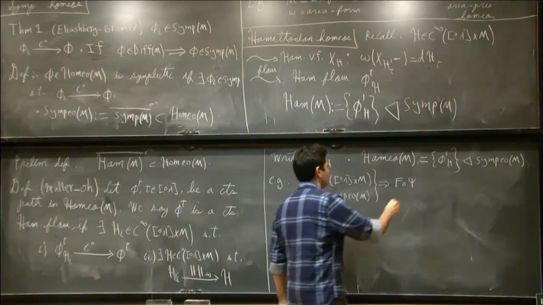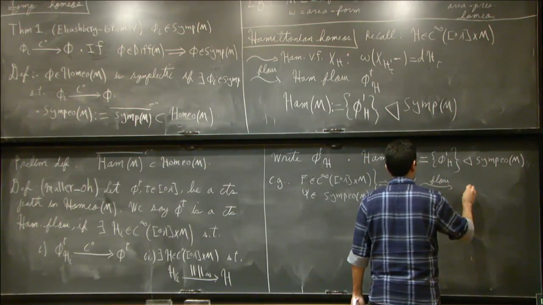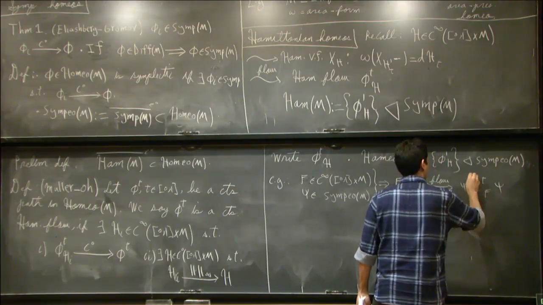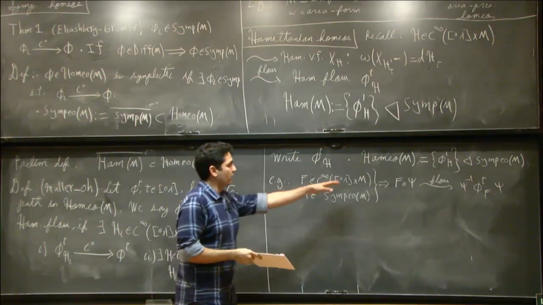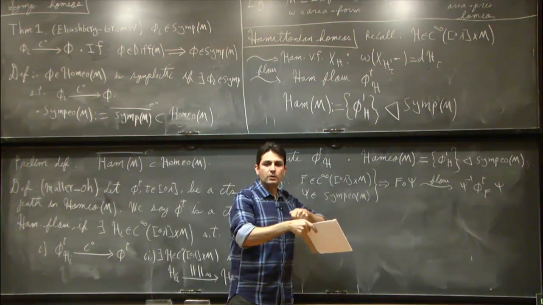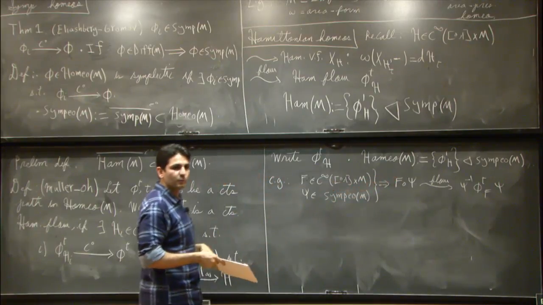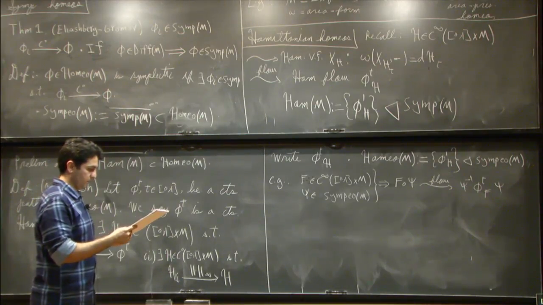It generates a flow, and its flow is what you would expect. These are the only examples I know of, plus compositions of these with each other. But that's a rich enough set that you could prove interesting things. Some of these you'll see in a bit.